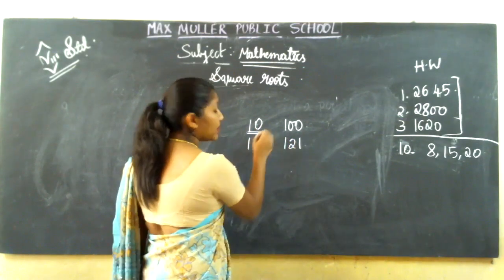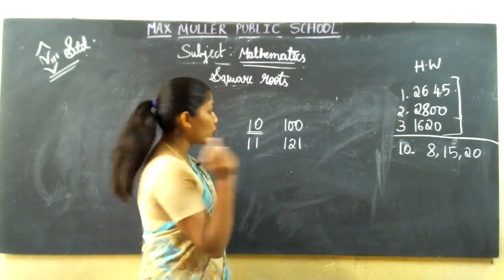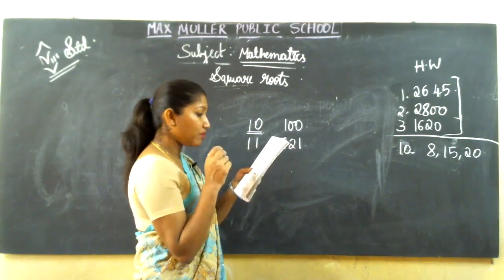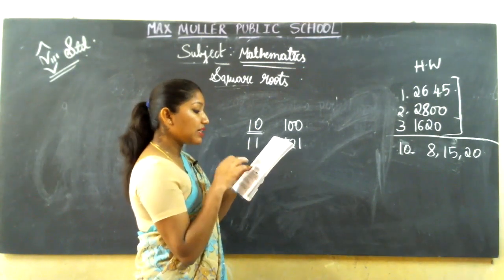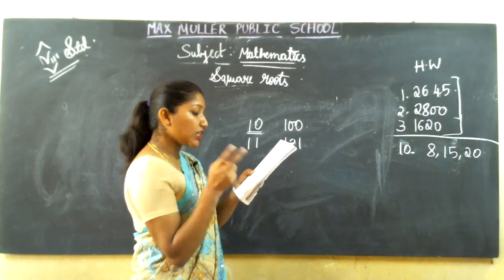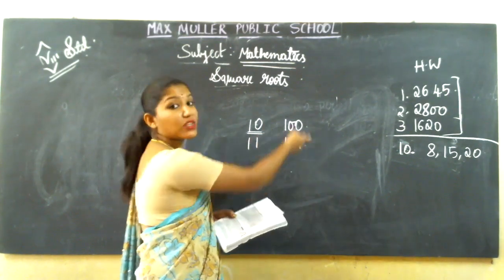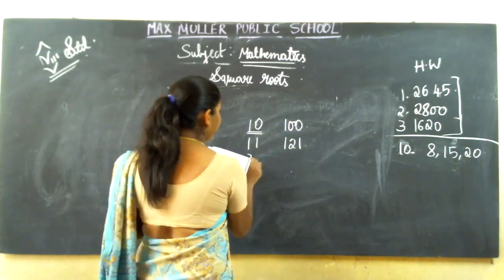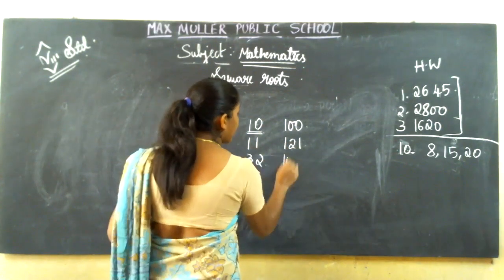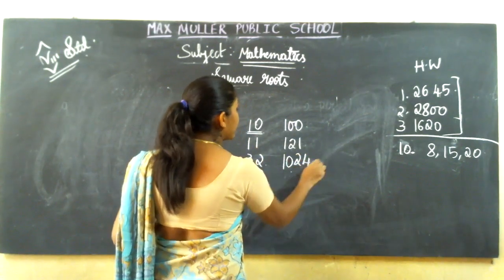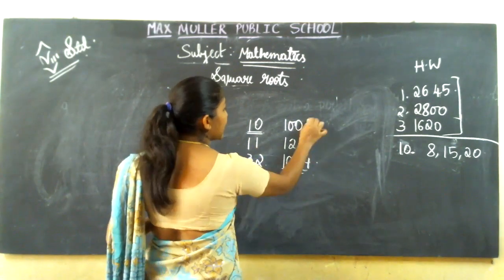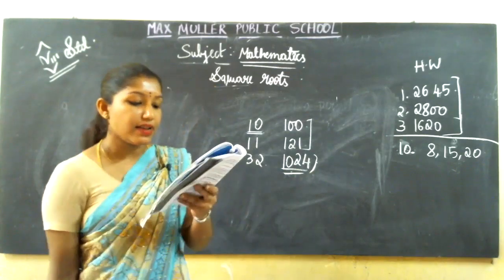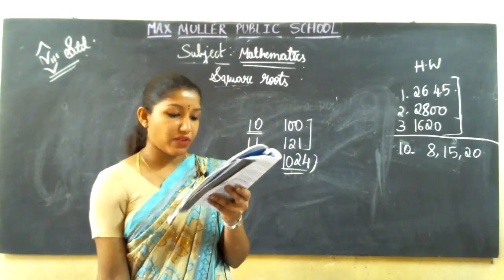If a number has 2 digits, then its square is a 3-digit or 4-digit number. See, if 32 is your number, 1024 is your square. Understood? This is what I have to convey to you.